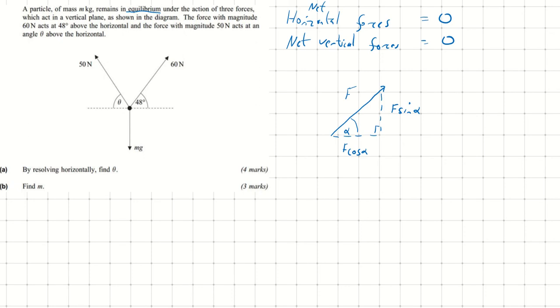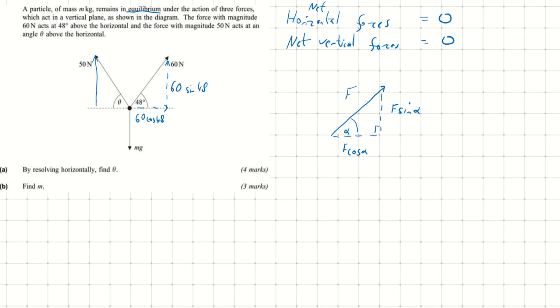So looking at our actual question, we can break this 60 Newton force down into a vertical force acting upwards, which is 60 sine 48, and a horizontal force which is acting to the right, which is 60 cos 48. And we'll do the same with our 50 Newton force.